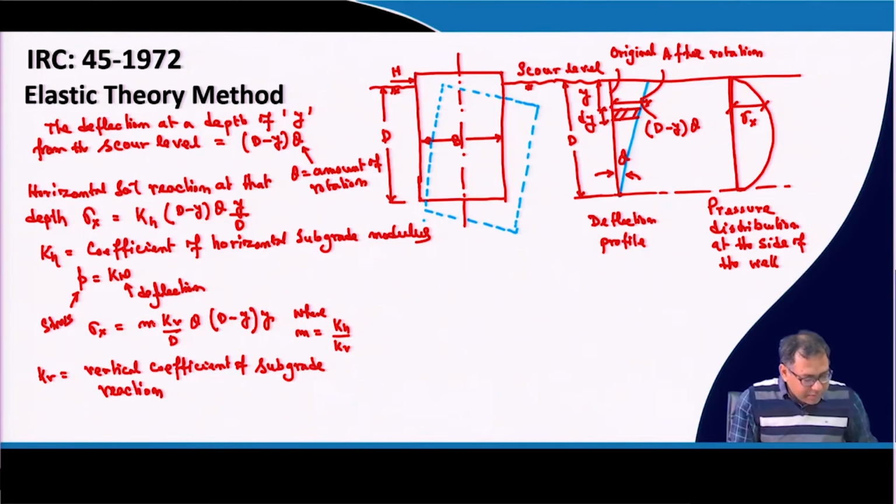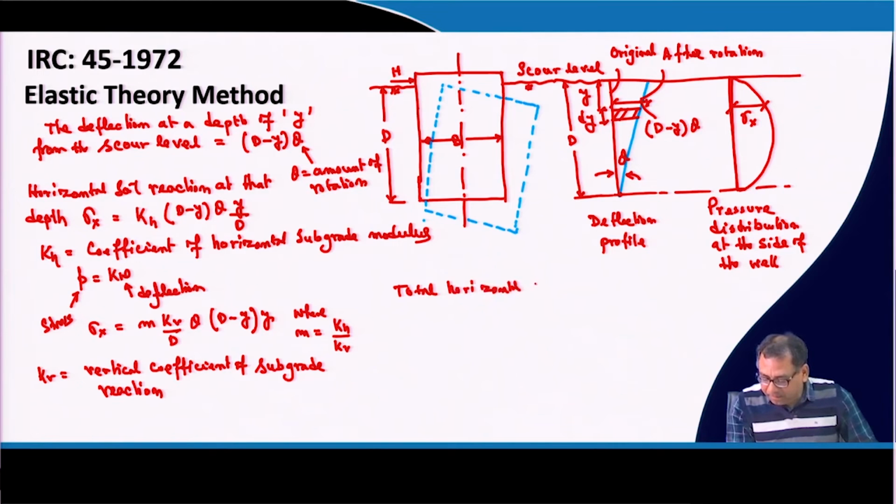Okay. So, now the total soil reaction, this sigma x is at any depth y from the top, from the scoured depth. So, I can write that the total soil reaction P, that we have to integrate.